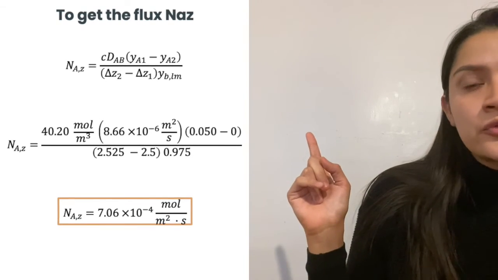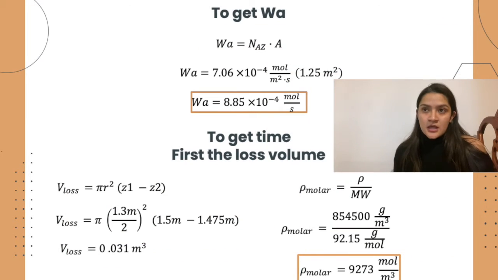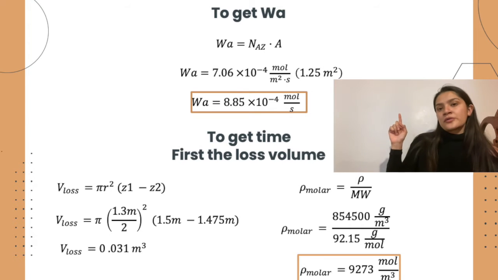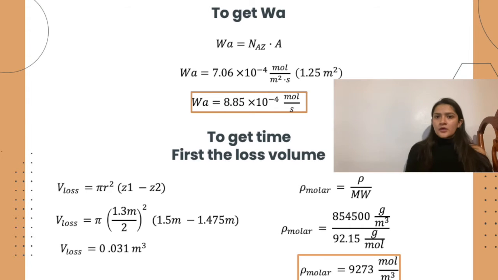Here I'm going to put how to do it. After that, we need to know the WA. This is the flux, NAz, multiplied by the area. And here I'm going to put it again.